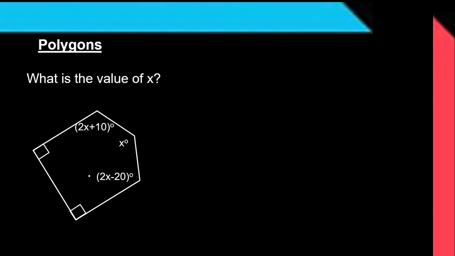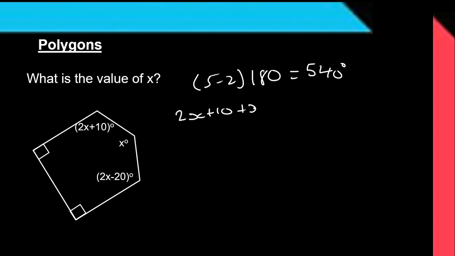Right, what about a bit of a problem solving question? So again, we do exactly the same methods as we've done before. We have 5 sides, so 5 minus 2 times 180 degrees. We're going to be left with 540. If I add all the angles together that I know, so 2x plus 10 plus x plus 2x minus 20 plus 90 plus 90, it has to equal 540 degrees.